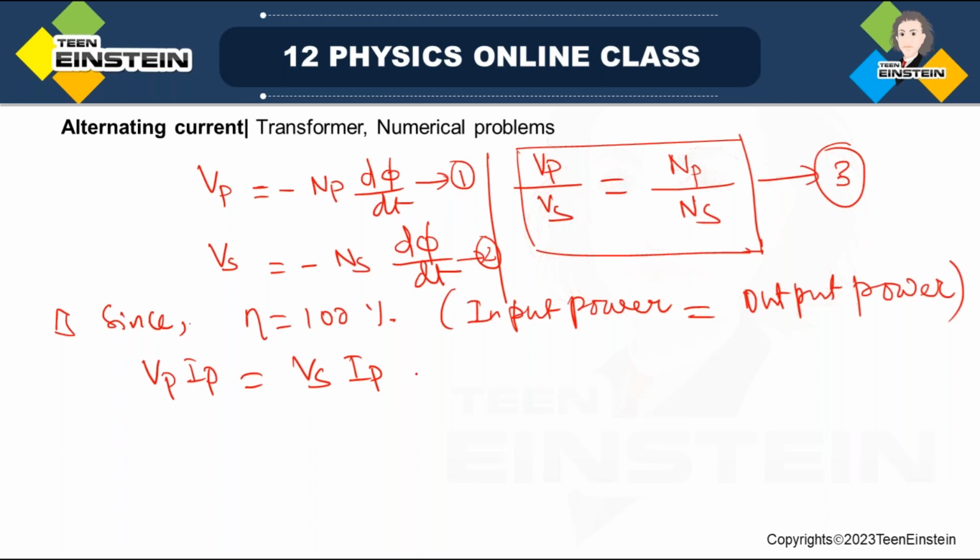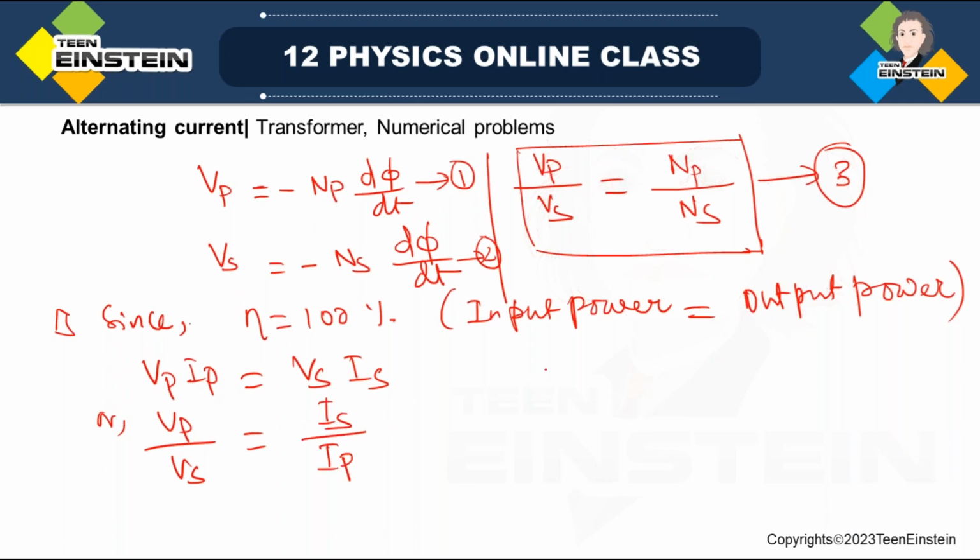From here, let us take the ratio of Vp by Vs. So this means, I have written it wrong here, Vs Is. So I can write Is by Ip.